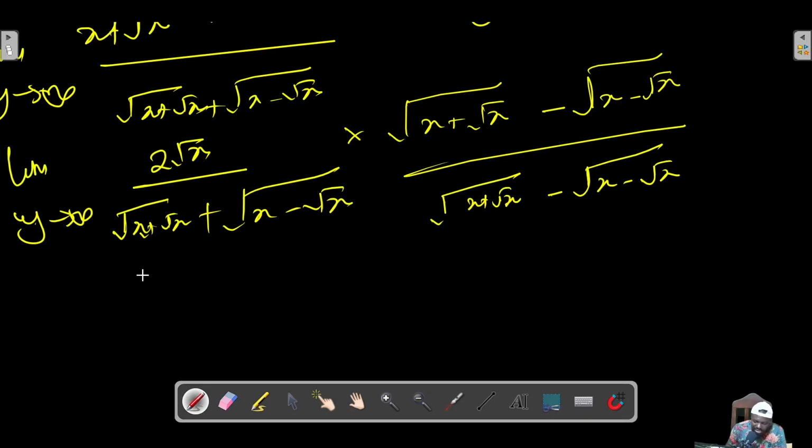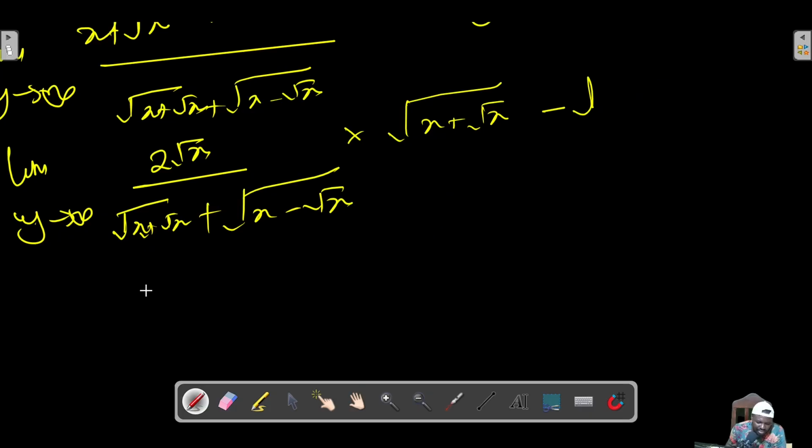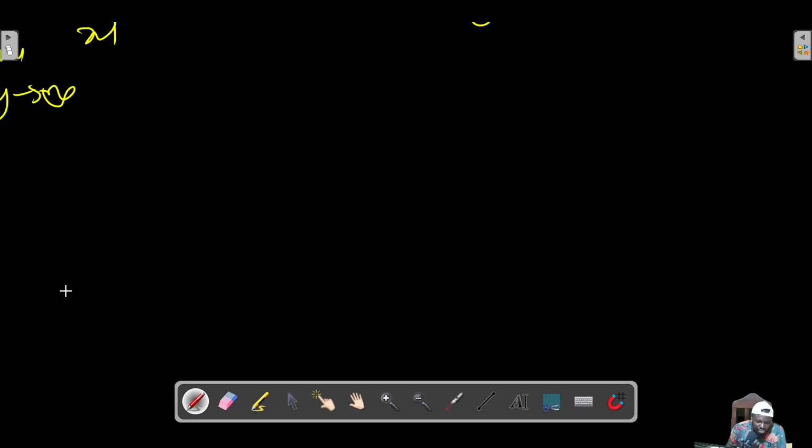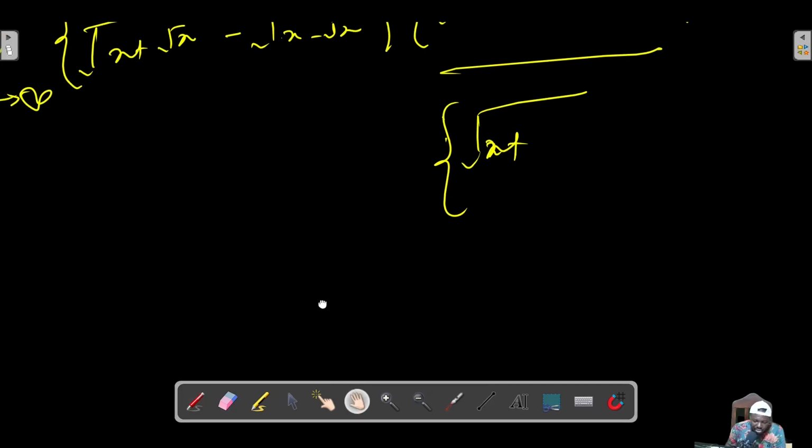So let us do that. But even if I don't rationalize, I think I can still simplify this. Let me do some manipulations here then. Okay, so from here, this is what I can do. Fine, you can choose to rationalize, that's no problem.